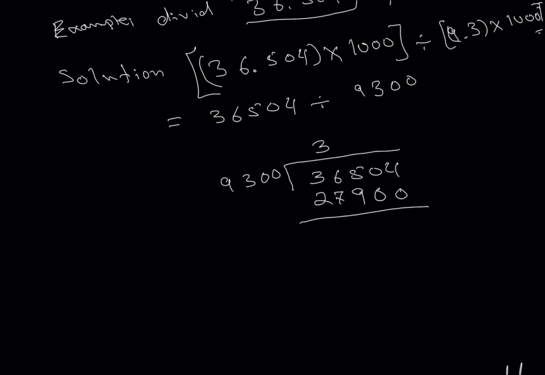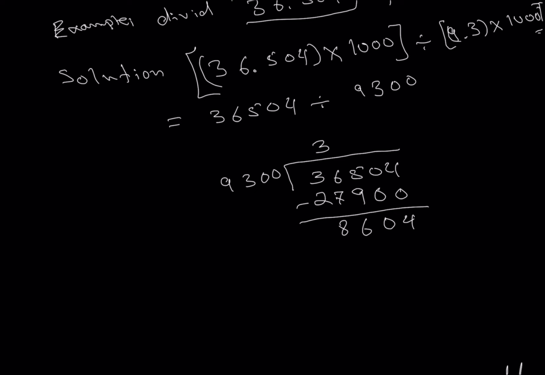So 4 minus 0 is 4. 0 minus 0 is 0. 5 minus 9 doesn't exist, we will have to borrow. 15 minus 9 is 6. It was 16, but we borrowed 1 from 16, so this became 15, because 16 minus 1 is 15. 15 minus 7 is 8, and 2 minus 2 is 0, because we borrowed.